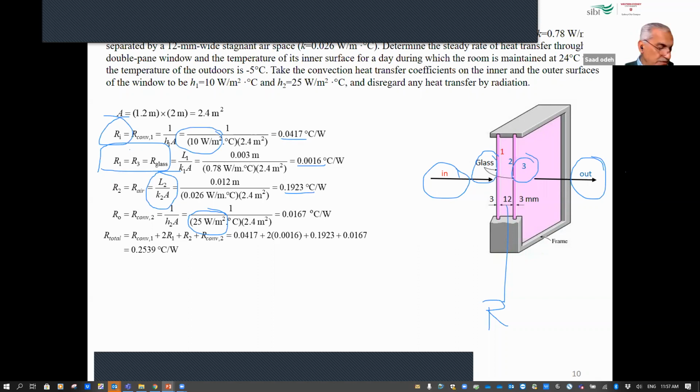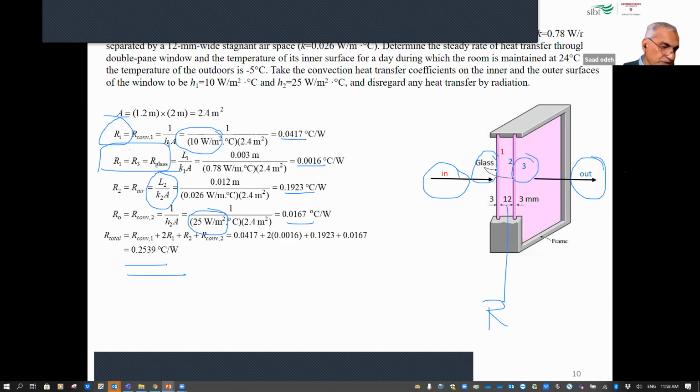Okay, but again, once you find these values of R, you just add them together, and you get the total R, because they are connected in series. Again, we said before, in the circuit, if you have resistances connected in series, you simply add them together.